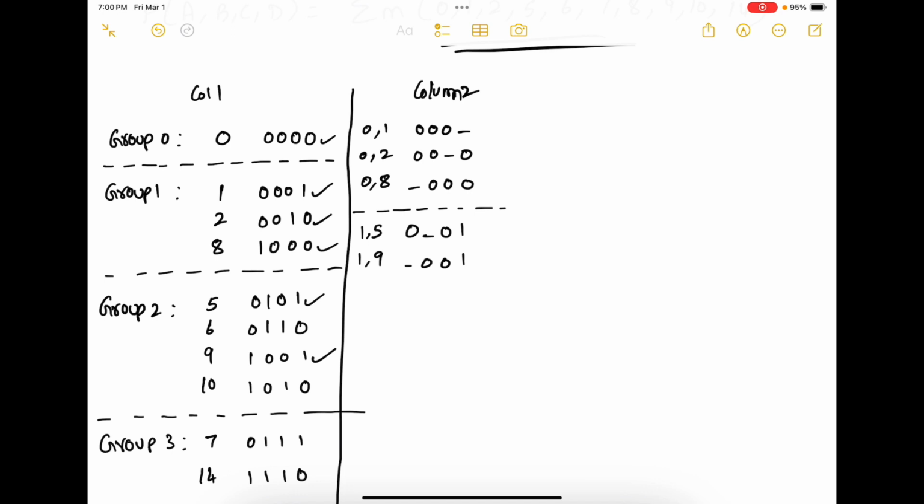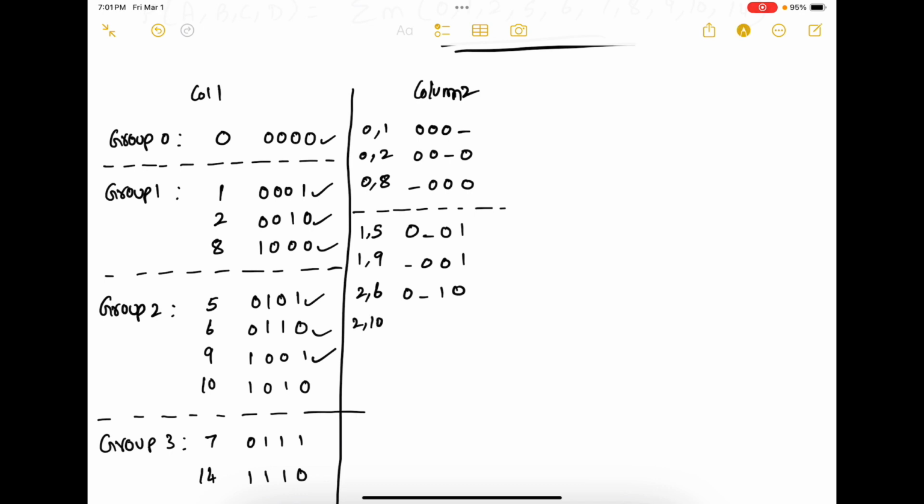Now we move to minterm 2. We are going to compare 2 with 5, 6, 9, and 10. Can you combine 2 and 6? Yes. There is only a 1-bit change, 0, dash, 1, 0. Put a check on 6. Next, can you combine 2 and 9? No, there are 2 bits changing. 2 and 10? Yes.